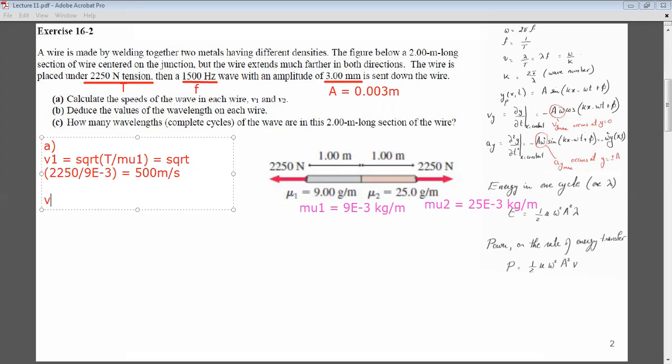And V2 is the same, but with mu2: the square root of 250 divided by 25 e to the minus 3, and this gives me 300 meters per second.